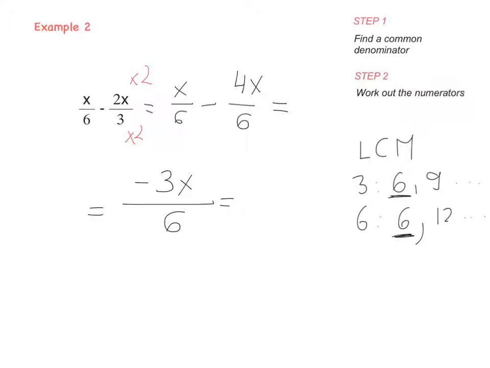So if we divide it by 3, 3 divided by 3 is 1, and 6 divided by 3 is 2. So minus 1 over 2 and x. Or you can write it down as minus x over 2. Okay, 1 multiplied by x is just x, so minus x divided by 2.